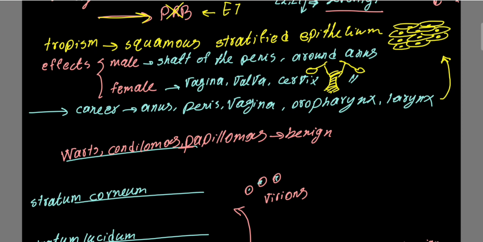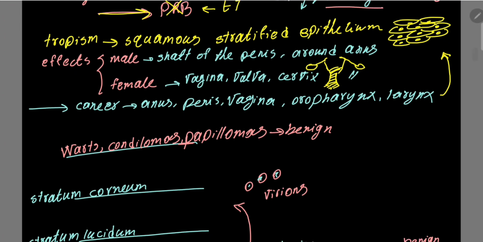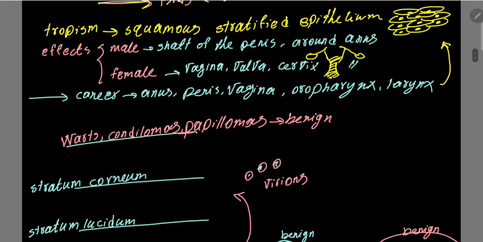For the male it is the shaft of the penis and around the anus, and for the female it is the vagina, vulva, and cervix, which is the beginning of the uterus. It can also later cause cancer in these tissues: anus, penis, vagina, oropharynx, and the larynx.